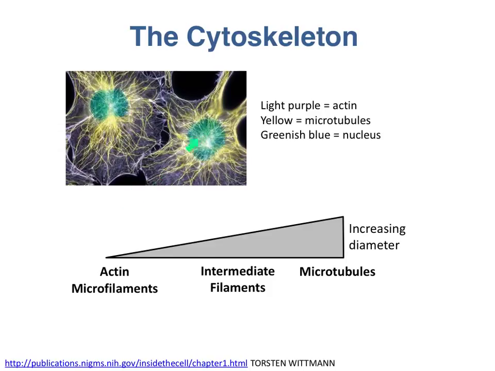This greenish blue color is the nucleus. Yellow is a stain for the microtubules, so you can see the network that the microtubules form. And then the light purple is actin. And you can see how actin kind of spreads throughout the entire cell, particularly under the membrane, giving the cell shape.